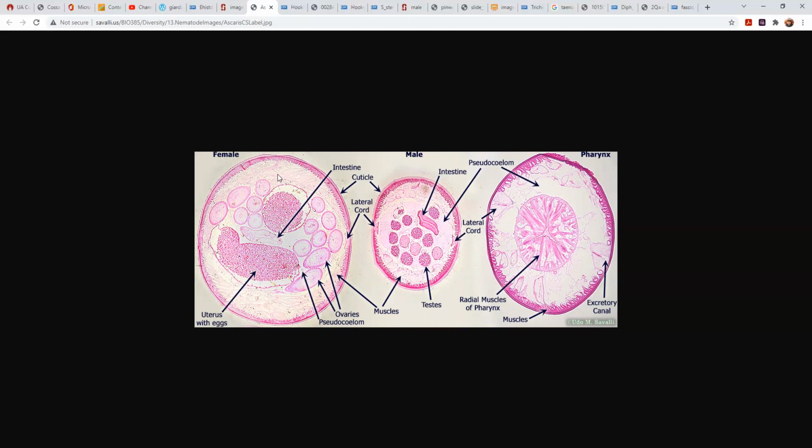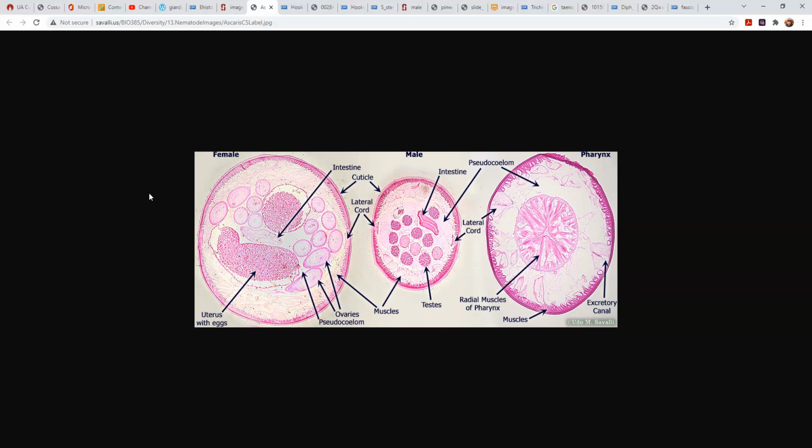You can see the muscles creeping in here, and so it's a false coelom. As we continue to look at some of the higher order animals, we'll start to see true coela, or true body cavities. So again, this is the cross-section of Ascaris lumbricoides, the roundworm.